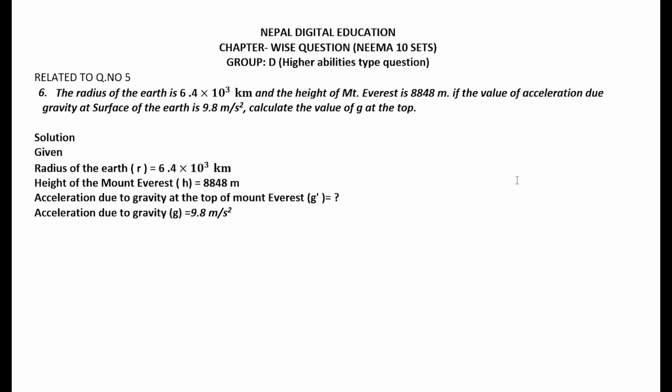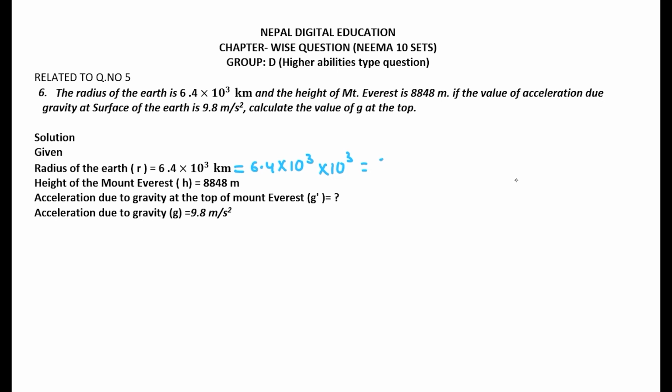Let us look at problem 6. The radius of the earth is 6.4 into 10 power 3 kilometer. So first of all, change this into meter. So 6.4 into 10 to the power 3 into again 10 to the power 3.